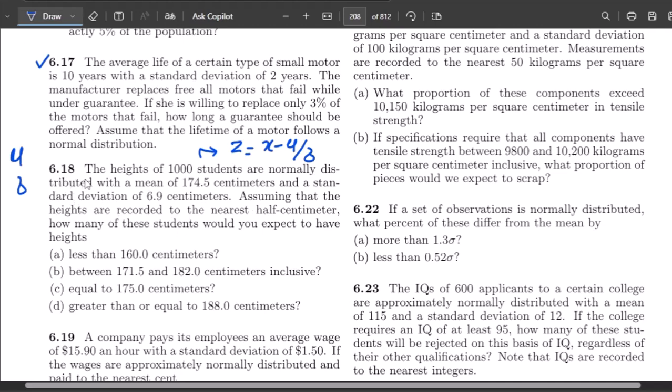Similarly, in question 6.18, what is the statement? The heights of 1000 students are normally distributed with a given mean and a given standard deviation.